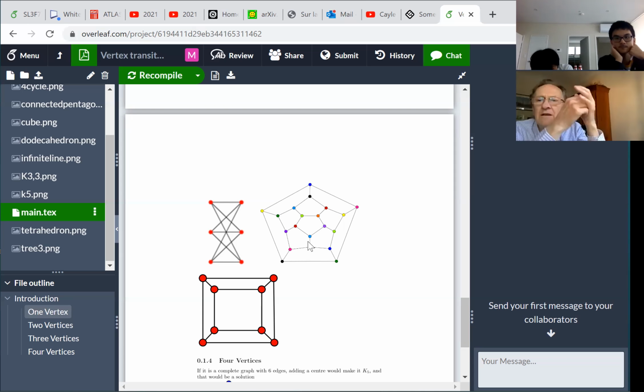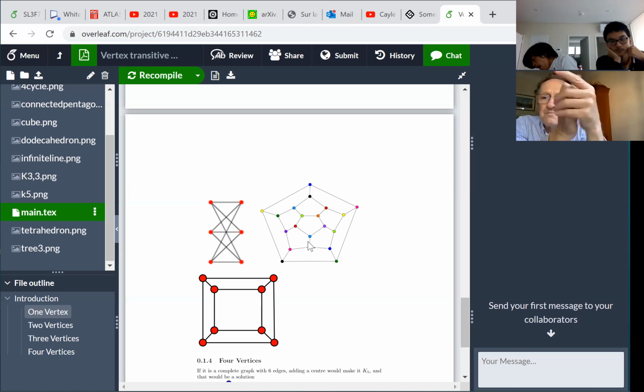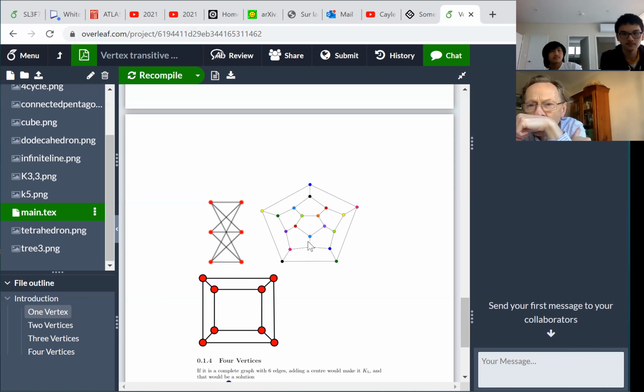Oh yeah. So let's take a cube. Now you can make another one by replacing each vertex with a little triangle. So replacing each vertex with 3 other vertices and joining them all up.